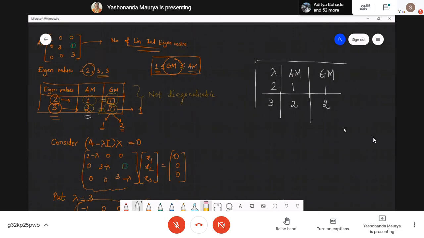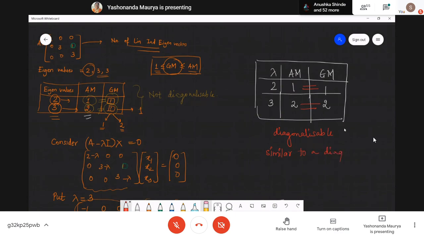Is this clear? Now what has happened here is that both the values are the same, therefore this is diagonalizable. Diagonalizable, this is one way of saying it, or it is similar to a diagonal matrix. Okay, these are the two ways of saying it.